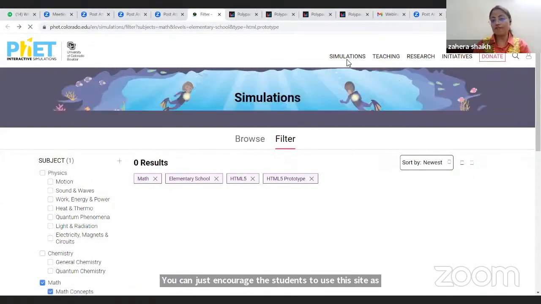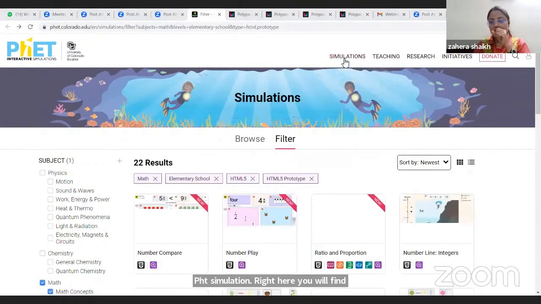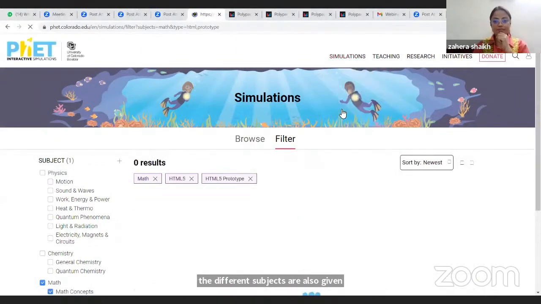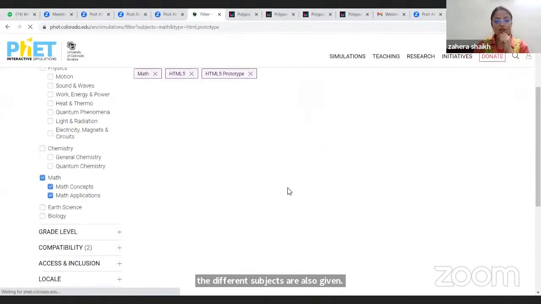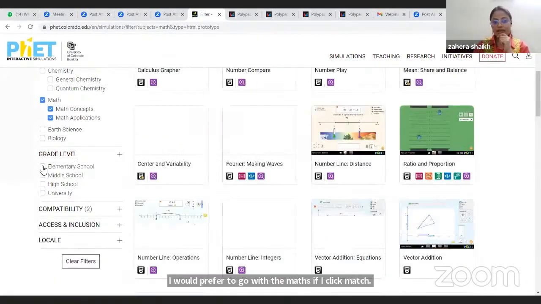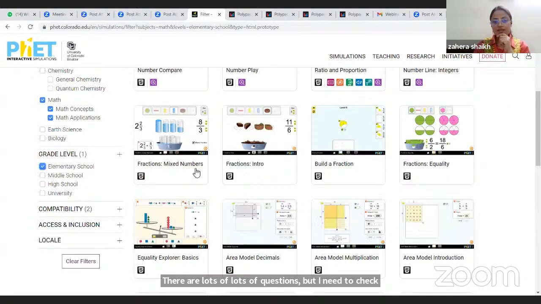Here you will find a lot of teaching aids, simulations and games, level-wise games also, and all the different subjects are also given, but I would prefer to go with the maths. If I click maths, there are lots of questions, but I need to check as per my grade level. So I select elementary and then check it out.